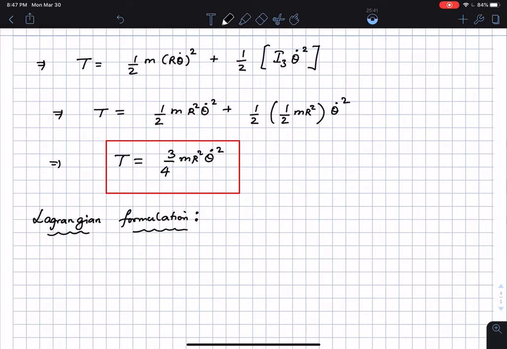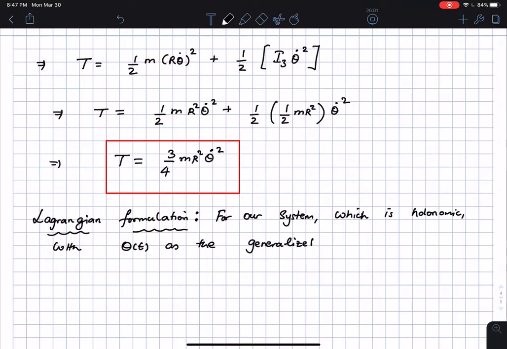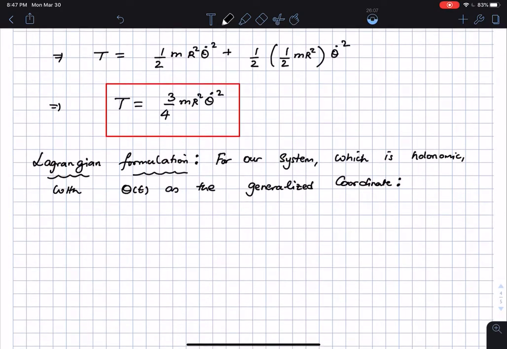So our system is holonomic with theta of t as the generalized coordinate, and the Lagrangian formulation is the following.